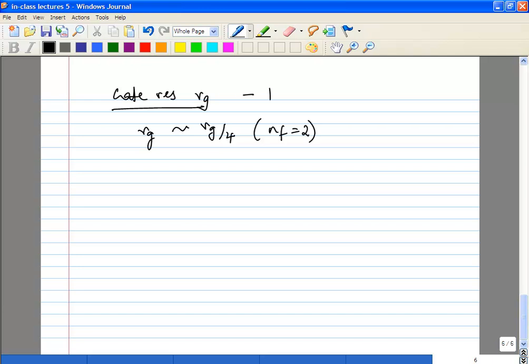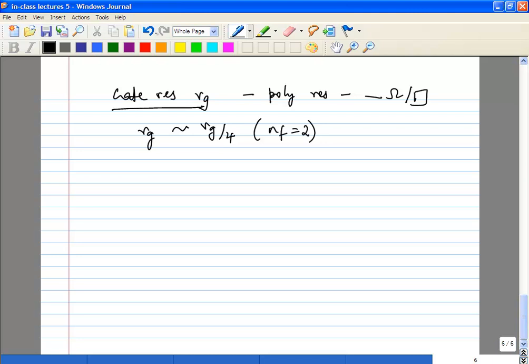And remember, this will be a function of your poly resistance, your polysilicon resistance, and usually this will be given as so many ohms per square.